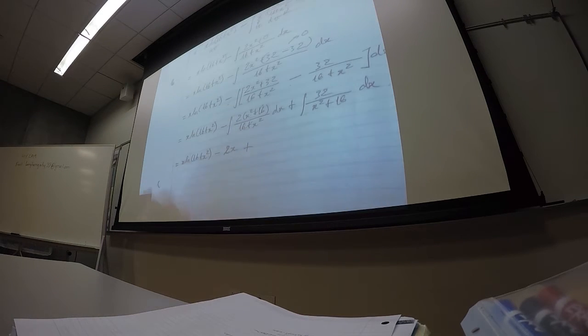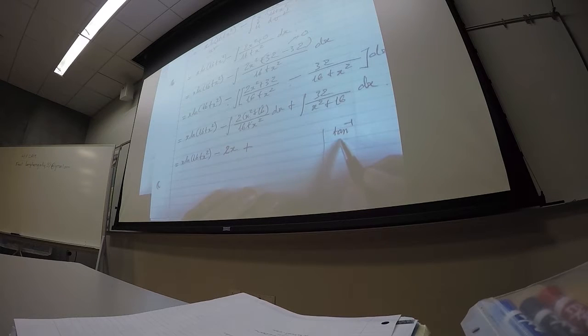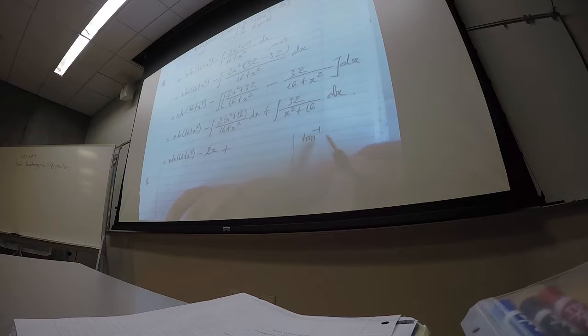Plus. Now, with this one, what do we say? We always think of trig substitution. Well, is it necessary to do some trig substitution in here? You can, but I just want to remind you that the derivative of inverse tangent u equals 1 over 1 plus u squared.